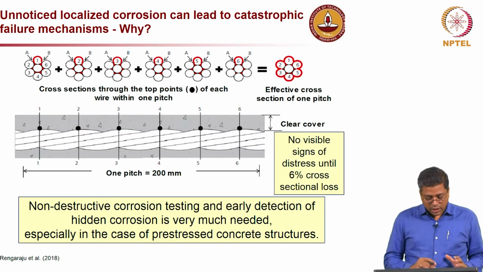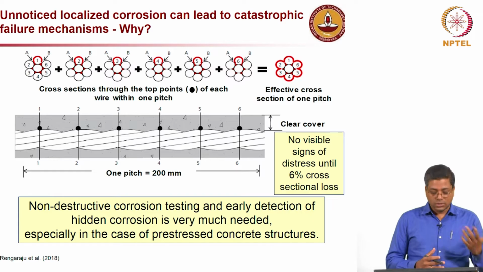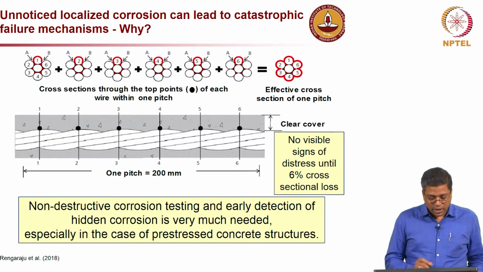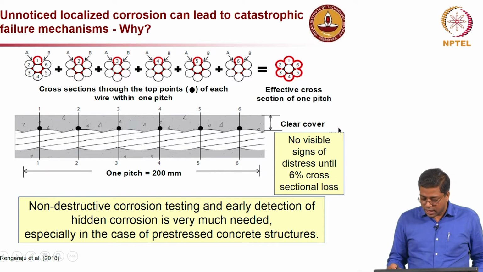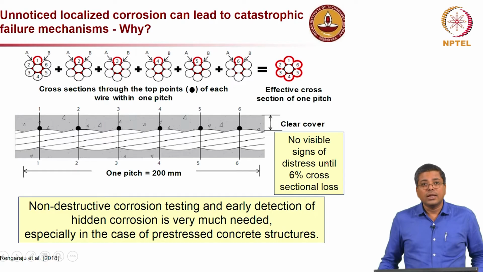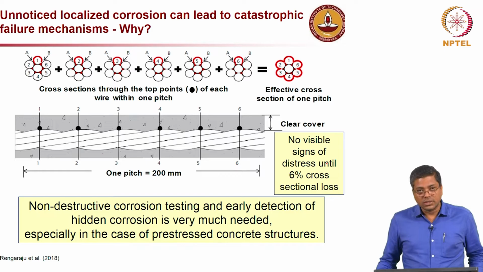Now, this is again the same slide which was discussed in one of the previous lectures. It shows one important aspect: until about 6% cross-sectional loss, there may not be significant visible signs on the concrete surface in pre-stressed concrete.